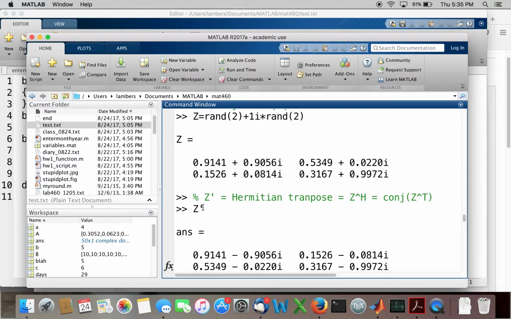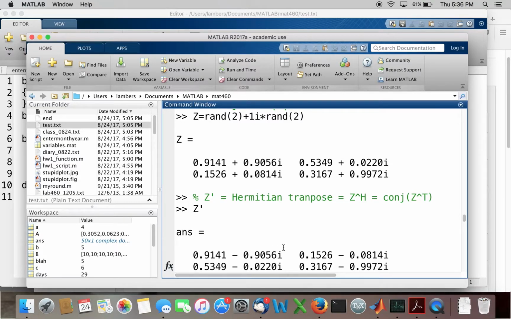That's because this doesn't mean transpose, it's Hermitian transpose, often written in textbooks, including my own, as z superscript H, as opposed to superscript T for transpose. So Hermitian transpose is the transpose and complex conjugate. So we see that the sense of rows and columns is reversed, but also the imaginary parts are negated.